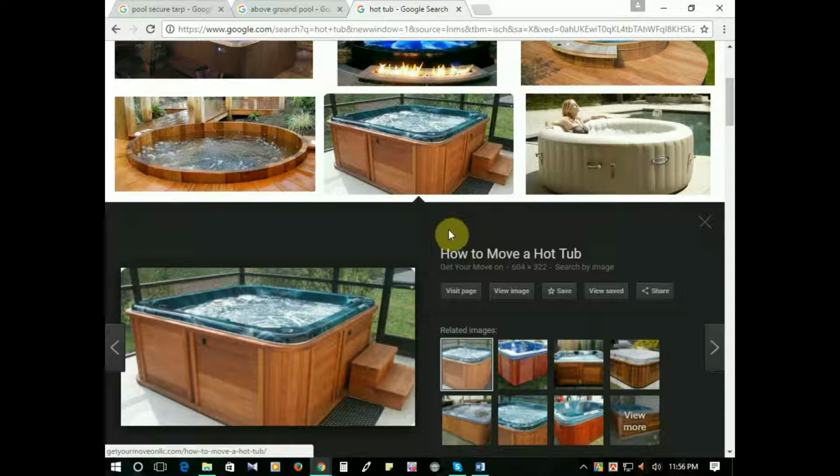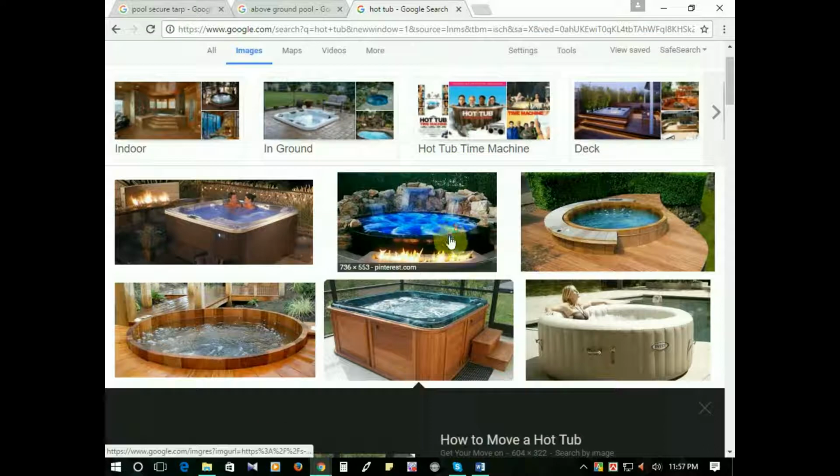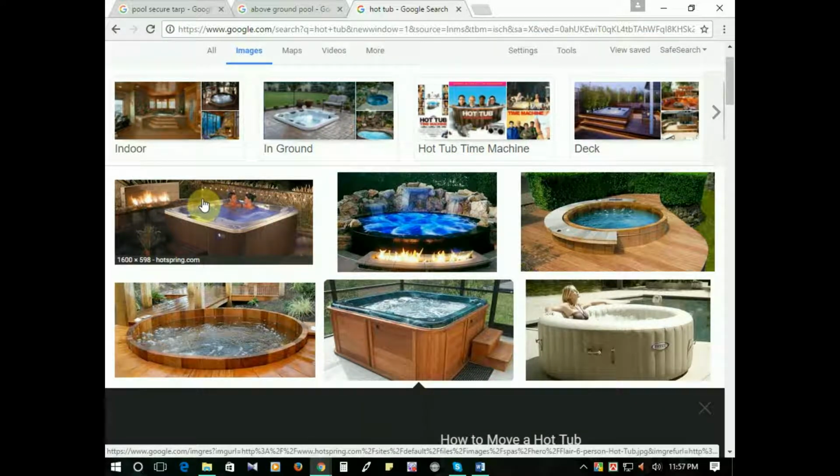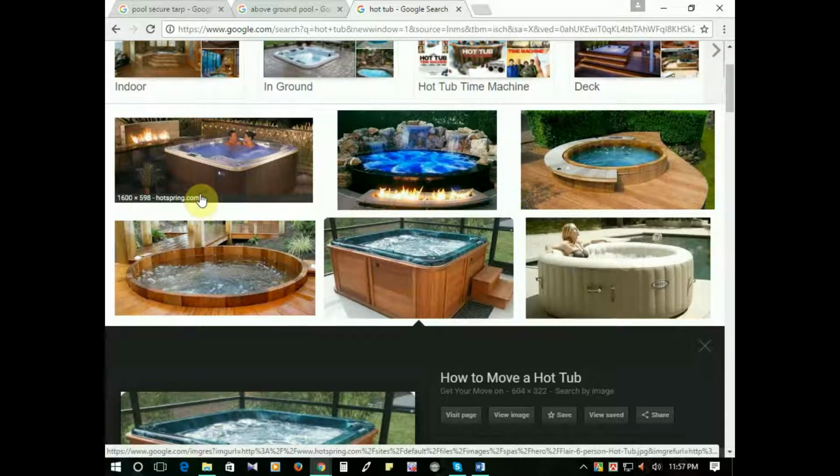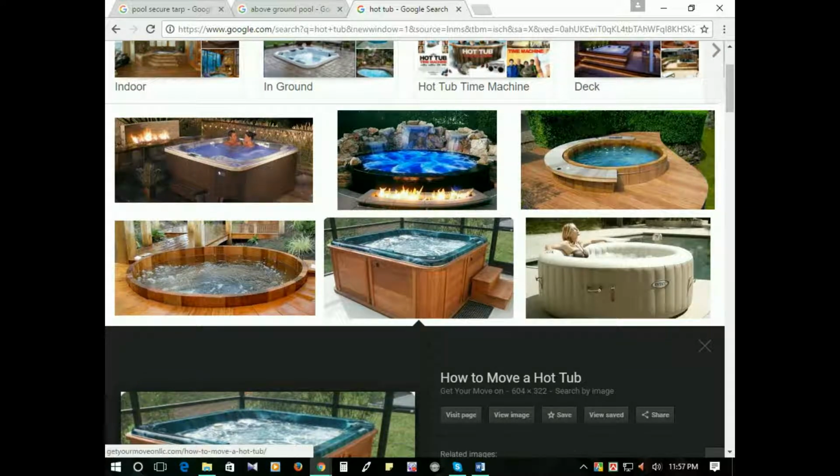They almost look like above-ground pools. However, as the name suggests, the water in a hot tub will be hot, and it's basically for people to enjoy bathing outside, kind of like a romantic thing. Again, this is something totally normal in America.